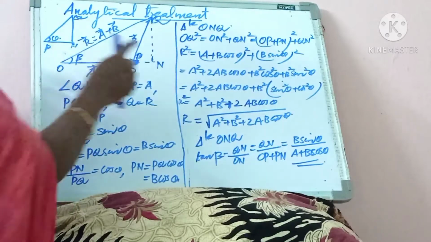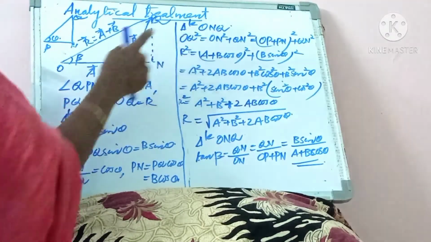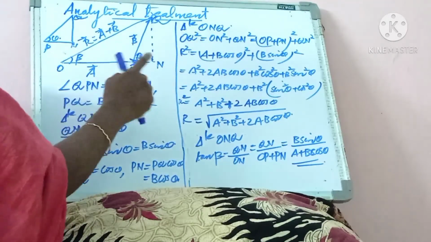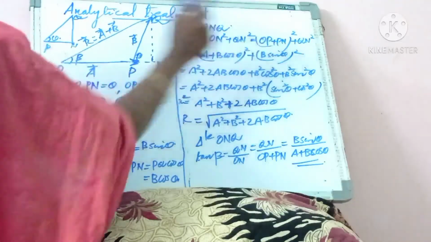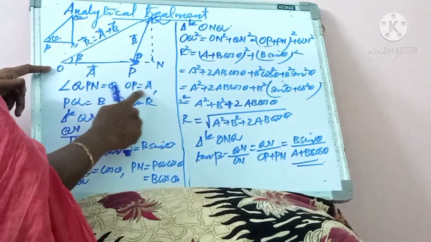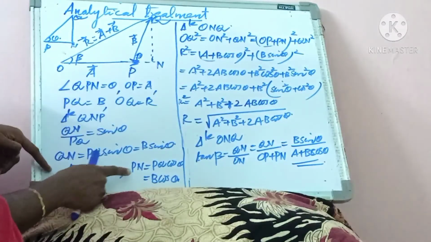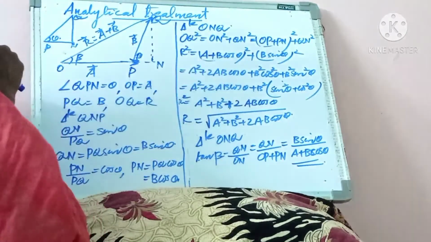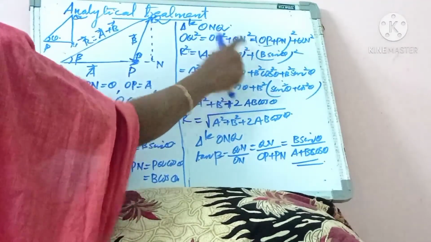OQ is R. OP is A, and PN is B cos theta. So OP plus PN is A plus B cos theta, the whole square.